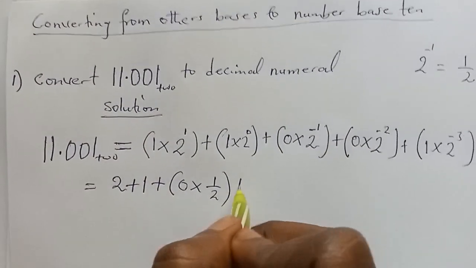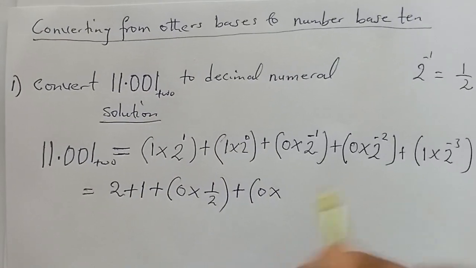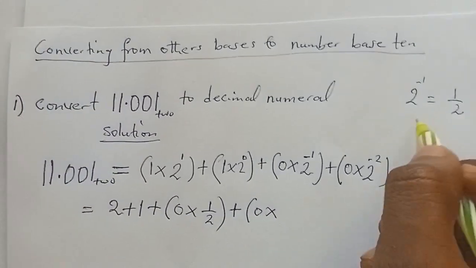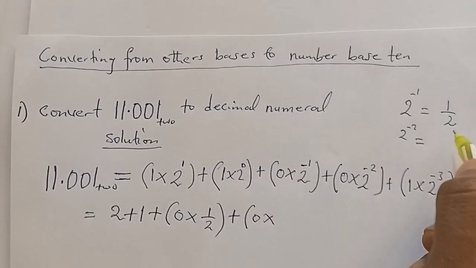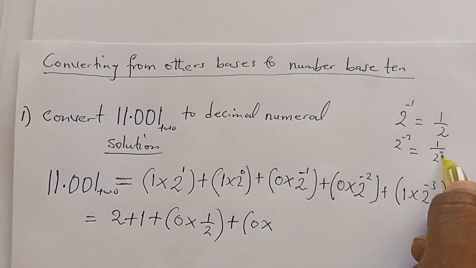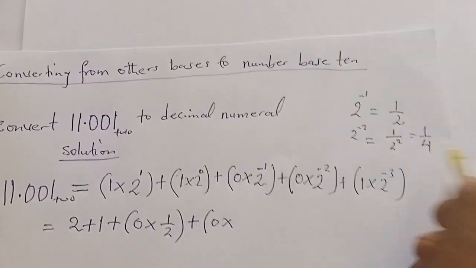Now the next one is 0 times 2 to the negative 2 power, which is the same as 1 over 2 to the second power, which is 1 over 4.